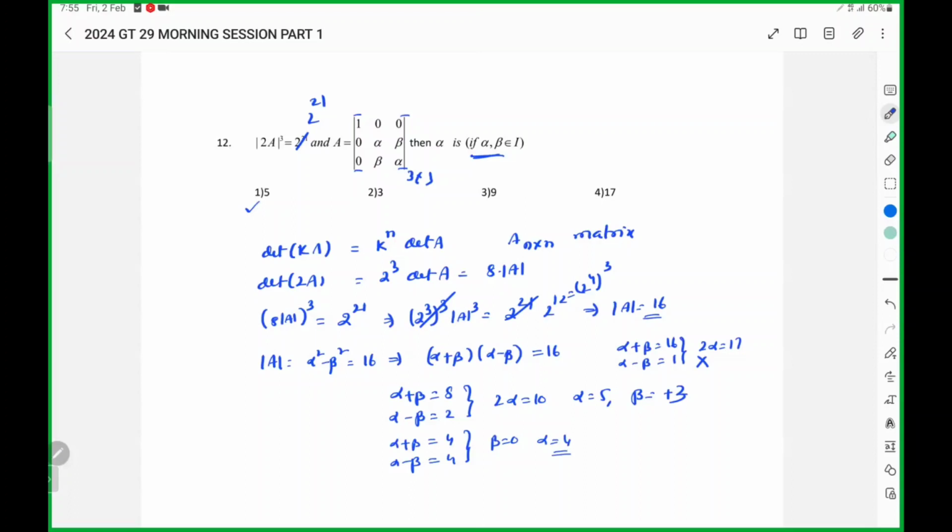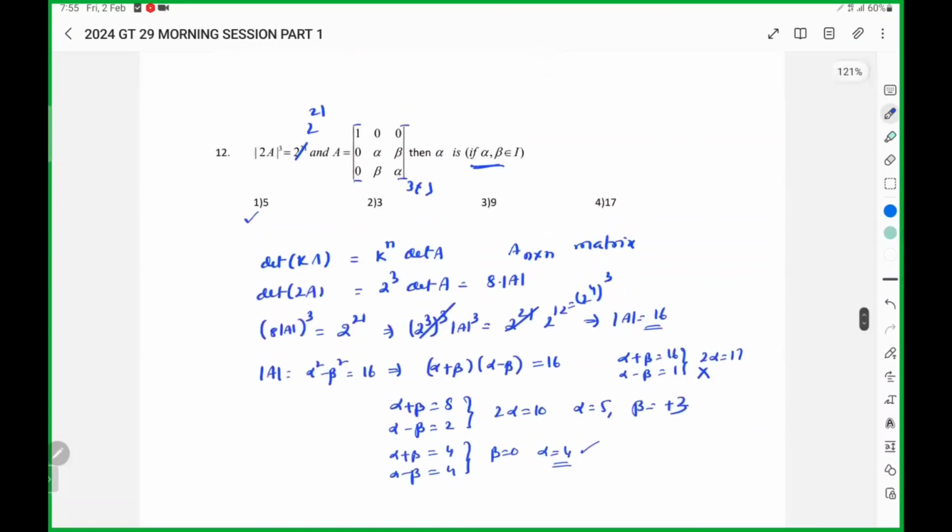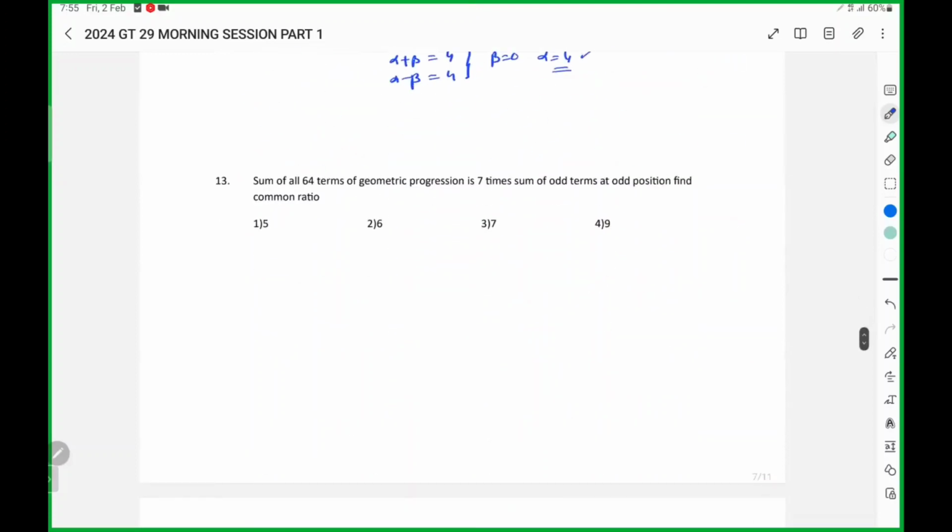This also seems to be a possible option, but among the given options, it is not there. Let us eliminate. These are the only possibilities. We can say the first option is correct.